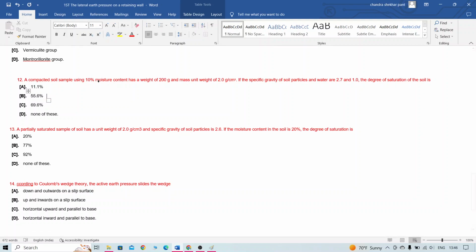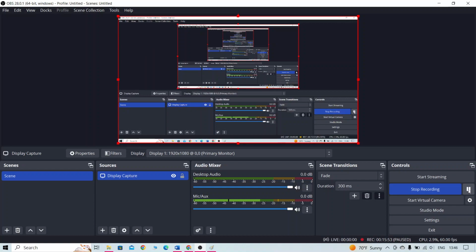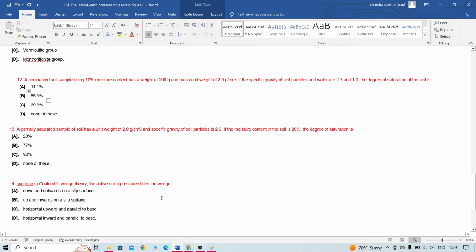From this we can easily calculate. So for the compacted soil, 2 upon 1 plus 10 upon 100, the value is coming out to be 1.81.